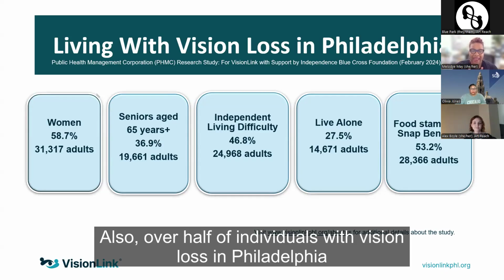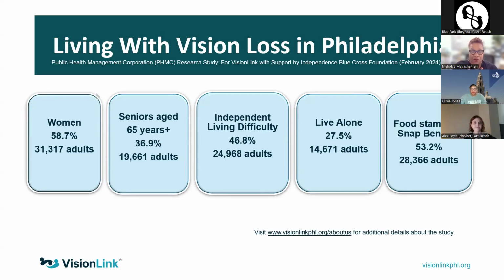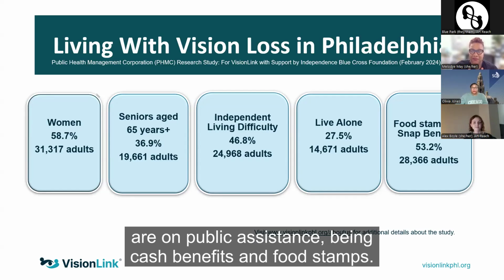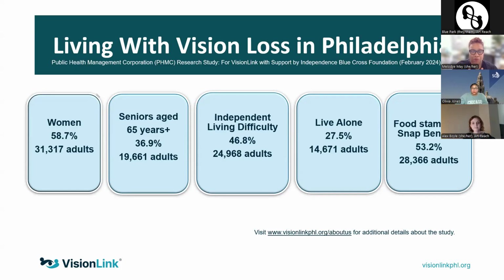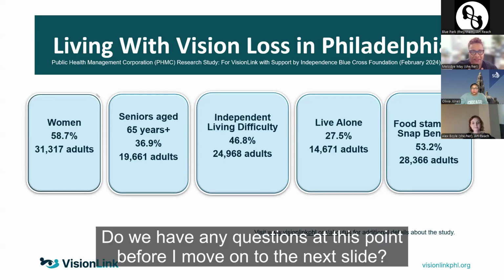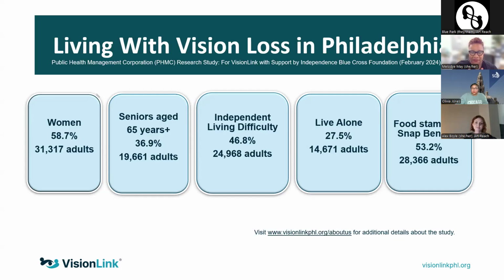Also, over half of individuals with vision loss in Philadelphia are on public assistance, being cash benefits and food stamps. Do we have any questions at this point before I move on to the next slide?